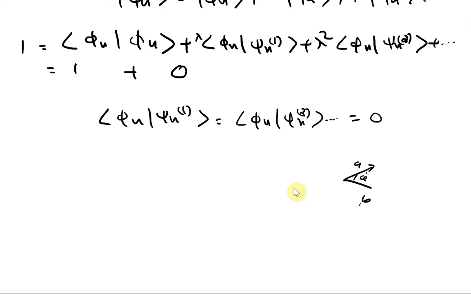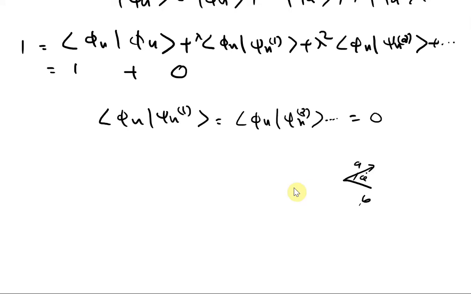In the same way, this quantity phi n is going to be one vector among them, and phi n dash, or phi n1, phi n2, etc., are other terms. But when you are taking this kind of a projection value, what you are going to get is 0. That means all these corrections are not in the same direction as phi n, all are perpendicular to it.